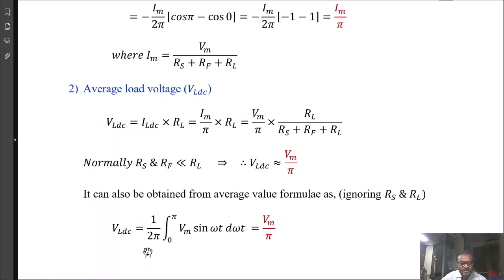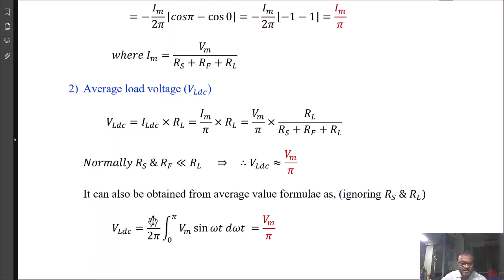VLDC is equal to 1 by 2 pi integral 0 to 2 pi Vm sin omega t d omega t. Whereas the signal Vm sin omega t present at the output of the half wave rectifier is present only in the interval 0 to pi, and from pi to 2 pi it is 0.